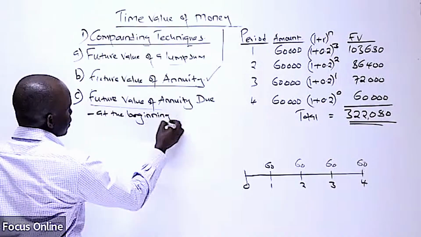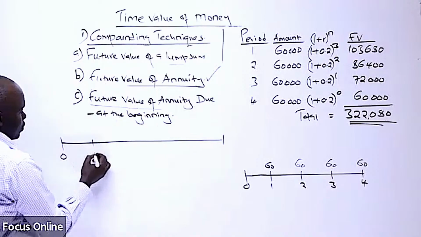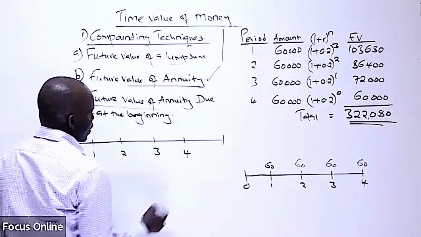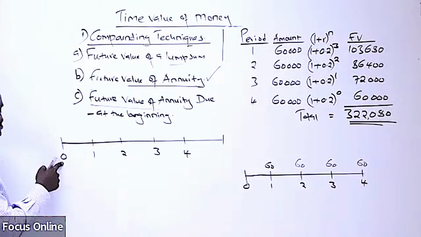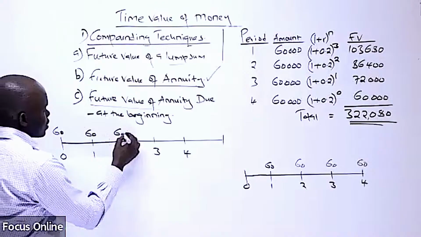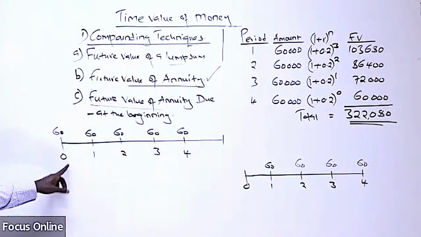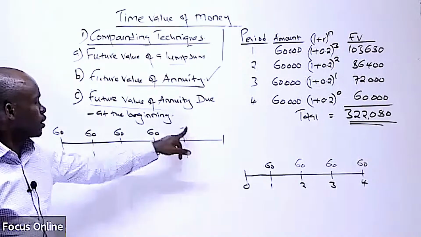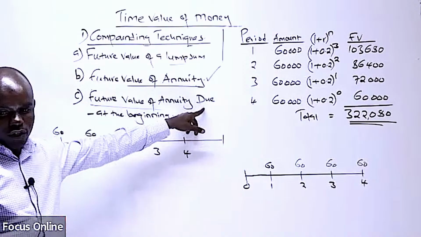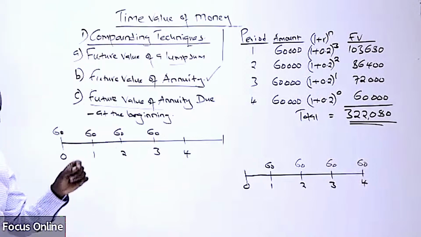For example, if our 60 here, 0, 1, 2, 3, 4, if the investment is done at the beginning of the year, for example, here 60, 60, 60, 60, we call it 1, 2, 3, 4. This is not there. We call it an annuity due. So an annuity due is an amount that is invested or paid at the beginning of the period.